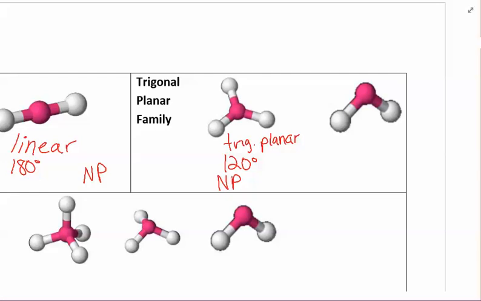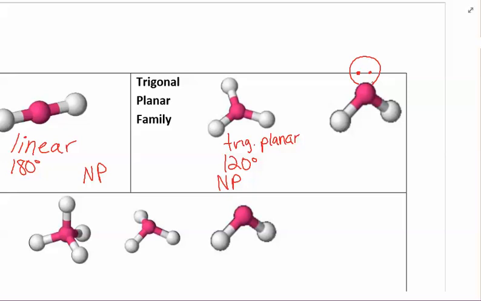The next one looks a little bit different, and that's because it actually has a lone pair of electrons on the top. They're members of the same family because the electrons are there. There's no question of the electrons. It's just that when you're looking at the molecular shape of a molecule, you can't see the electrons. So when we take a look at it, we only see the two atoms.